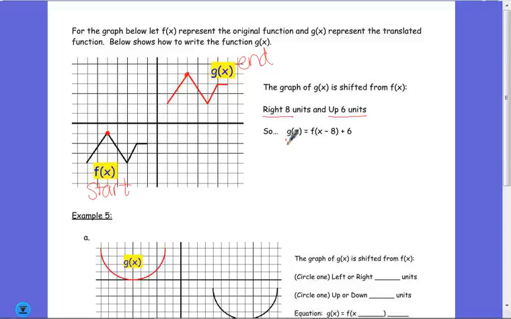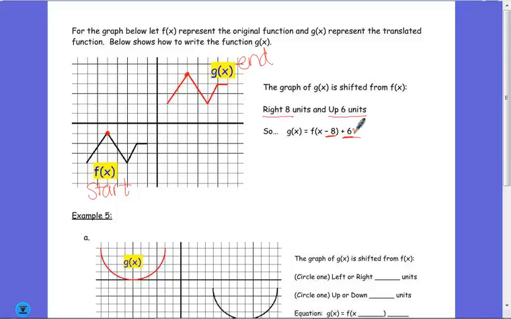We say that g of x, which is where we end, is f of x, and we got 2 blanks to fill in. We have an inside blank and an outside blank. The inside was the right amount, right 8, we think opposite, so -8. Up 6, we think keep it the same, so +6.